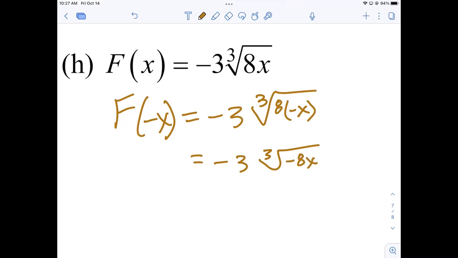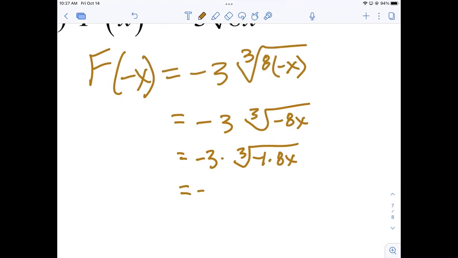Now, negatives under a radical, when you see them, you might be alarmed, because you have a lot of experience with square roots more than any other, and negatives under those are not good, unless you're talking about complex numbers. So in this case, this is the same as negative 3 times the cube root of negative 1 times 8x. And that's the same as negative 3 times the cube root of negative 1 times the cube root of 8x.